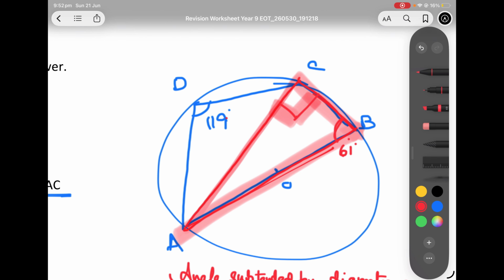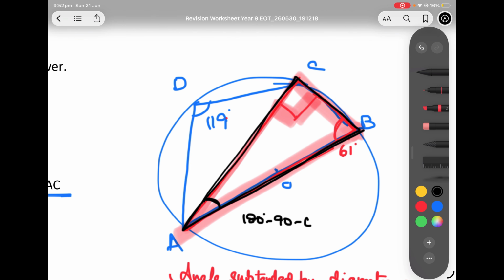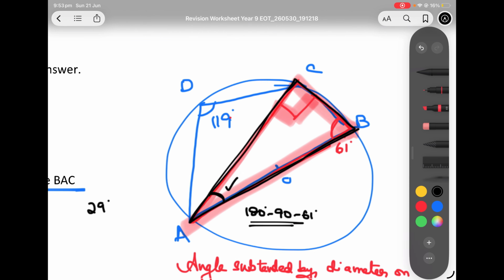Now this looks like a right angled triangle to me, and in a triangle, the sum of angles is 180 degrees. So 180 minus 90 minus 61 gives me angle BAC. That turns out to be 90 minus 61, which is 29 degrees. BAC is equal to 29 degrees.